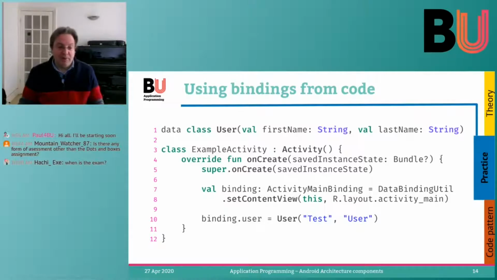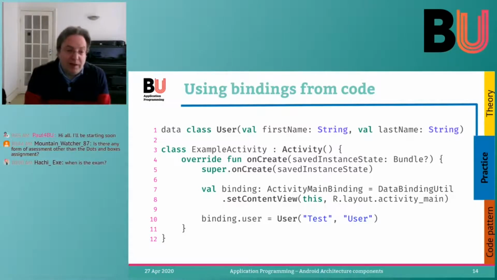So now we have the binding. You might want to store the binding as an attribute in your class rather than a local property though. This is an example I got from the actual website. We just say binding.user equals testUser. That's all.